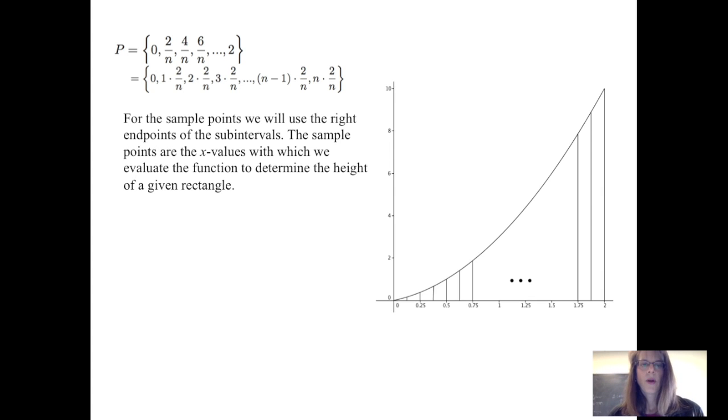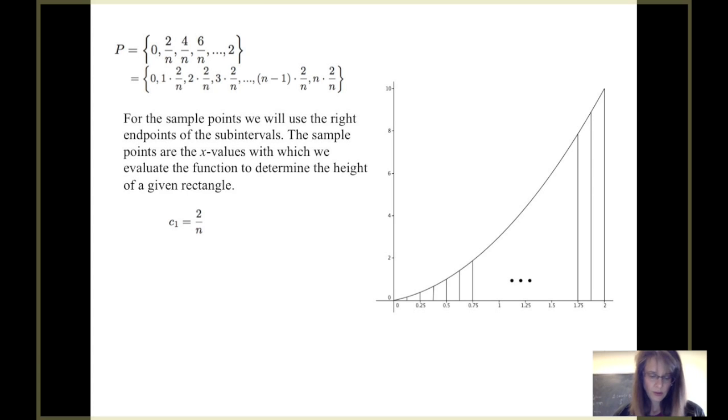Now, the sample points, as you recall, are the points that we use to find the heights. The sample points are the x values that we use to find the height of each rectangle. So, we said that we'd be making use of the right endpoints of each subinterval. So our first rectangle will be involving the sample point 2 over n.